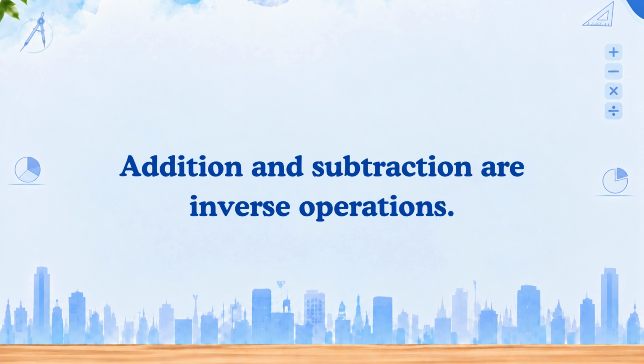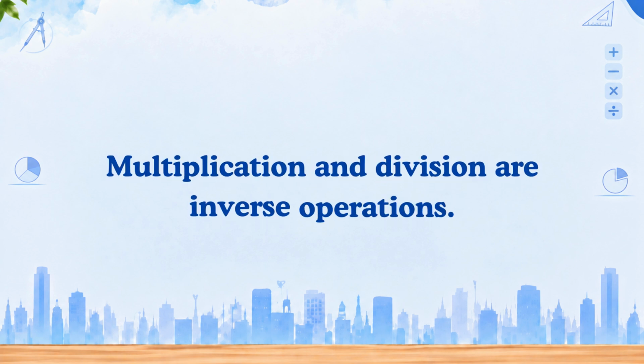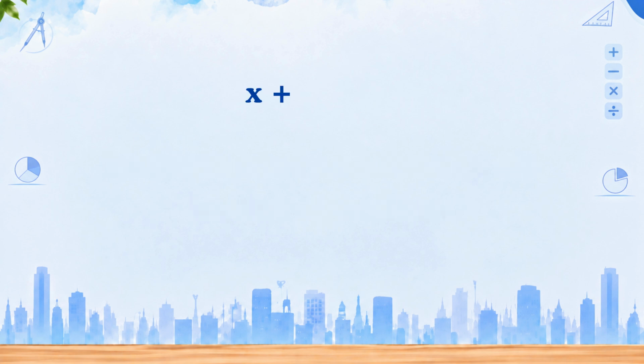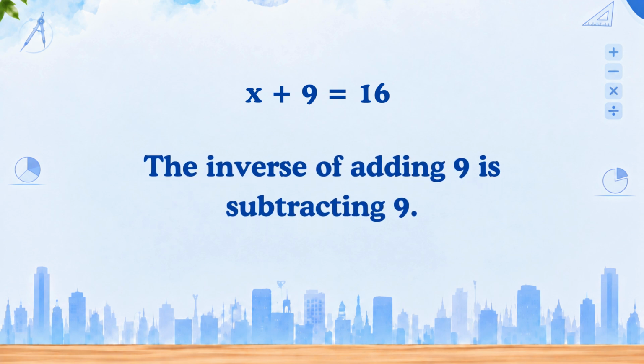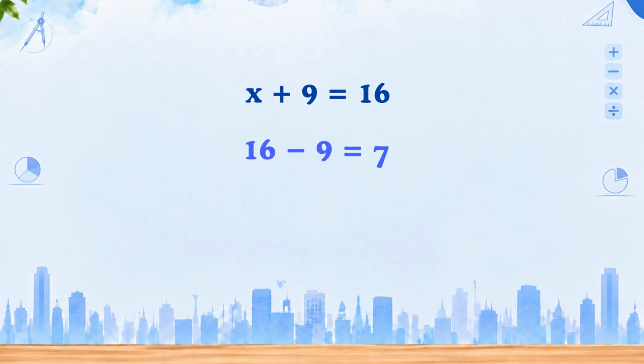An inverse operation reverses another operation. Addition and subtraction are inverse operations. Multiplication and division are inverse operations. Consider x plus 9 equals 16. The inverse of adding 9 is subtracting 9. So 16 minus 9 equals 7.